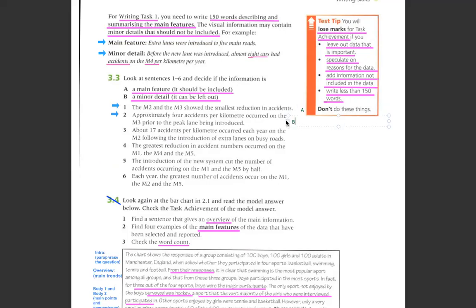Okay, we don't need to talk about the exact number of accidents on one road. What about number 3? Okay, 3 is also B, minor detail. We can leave this out. And number 4?